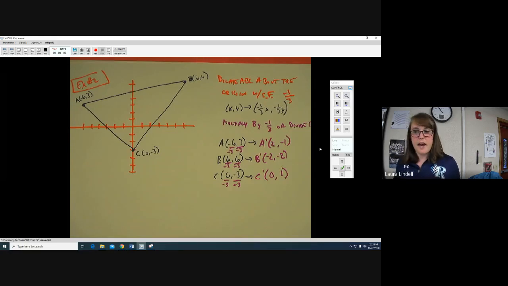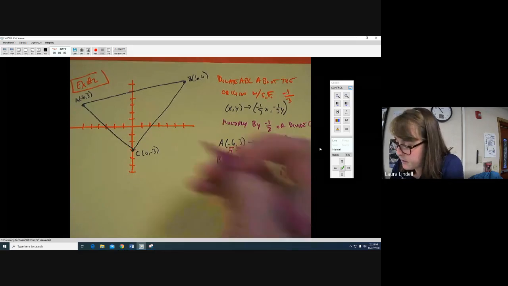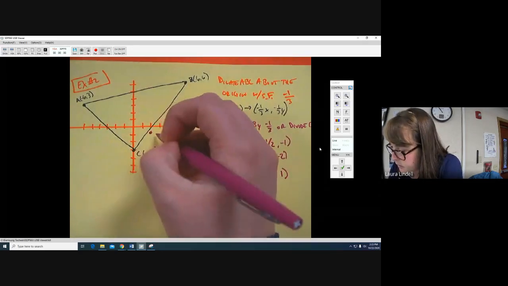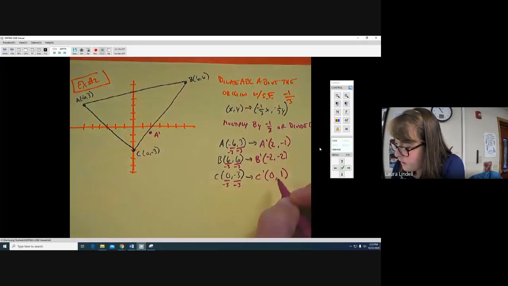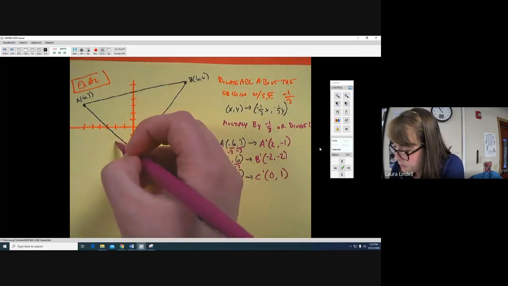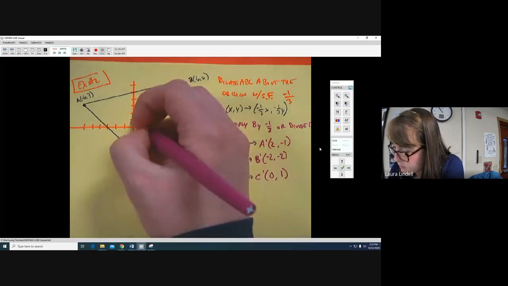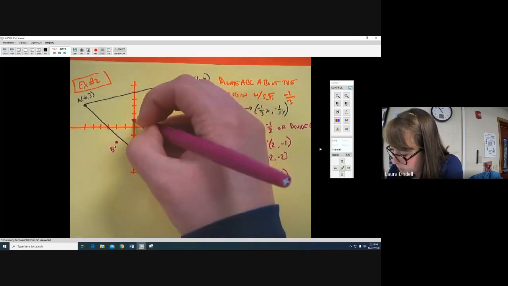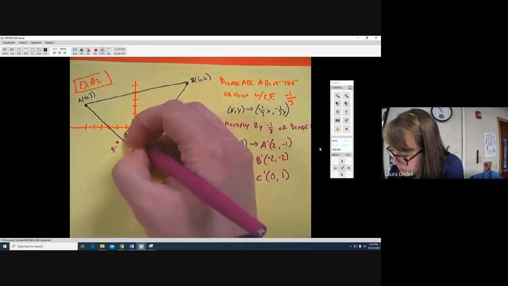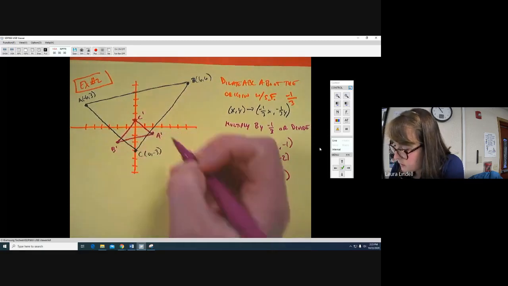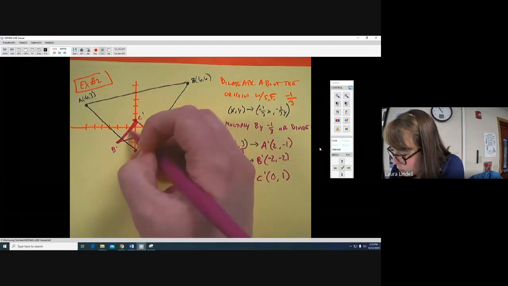So yeah, that's an added feature of having a negative scale factor. So there's A prime. B prime is -2, -2. And then C prime was 0, 1. So yeah, this would be our new shape here.